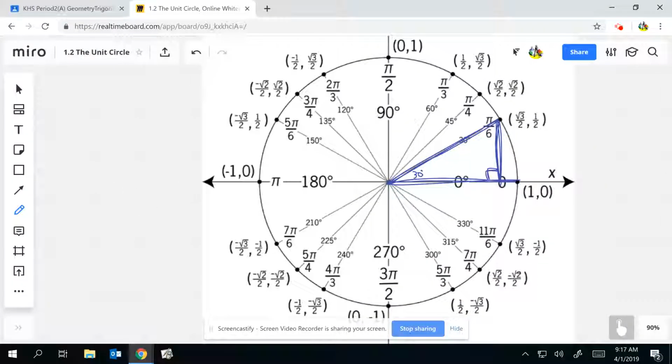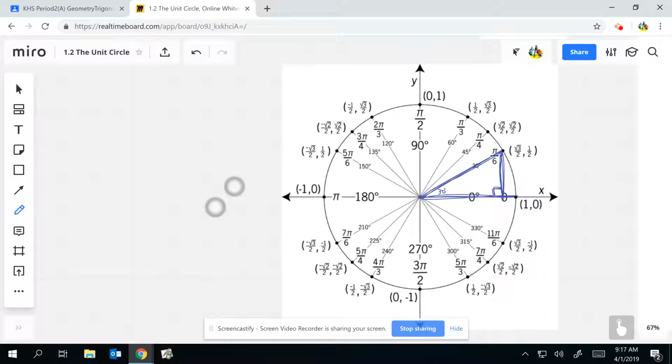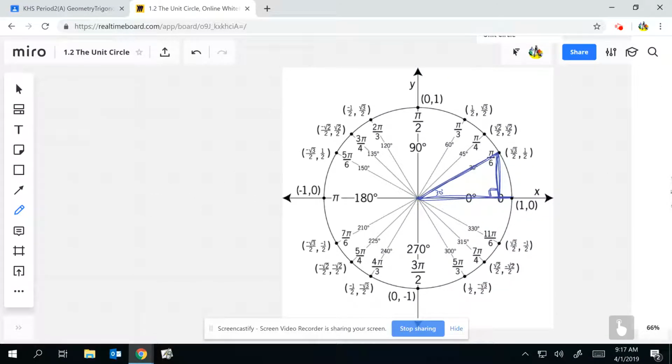Now, I want to review and recap with you because I warned you in advance that those 2 special triangles that we learned in 9.2, the 30, 60, 90 and the 45, 45, 90, will be back in trig. You will see them all over this unit circle right here. So I want to recap with you those 2 little triangles and their formulas.